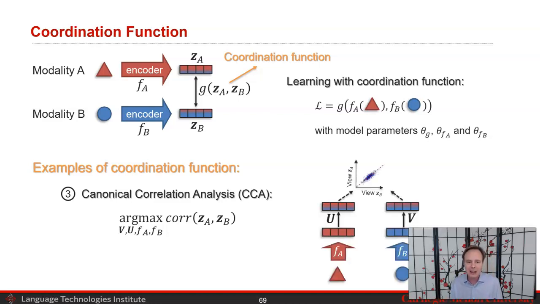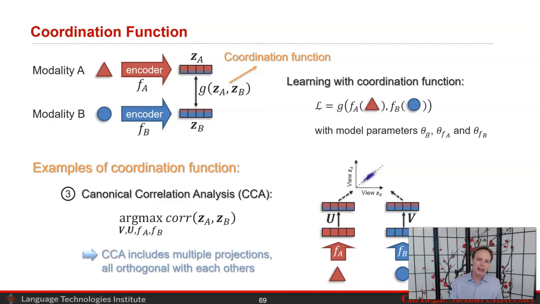In this case, you're learning in such a way that you have not just one way that the two modalities will be coordinated, but you will define many of those canonical ways, spaces you could call, axes where the data can be correlated. So this is canonical correlation analysis.